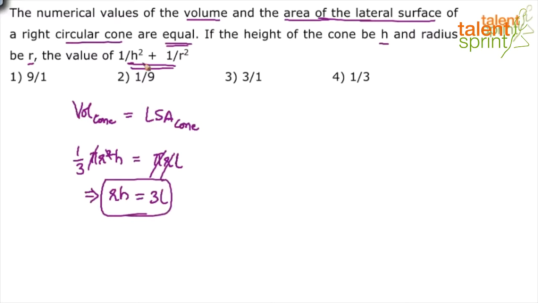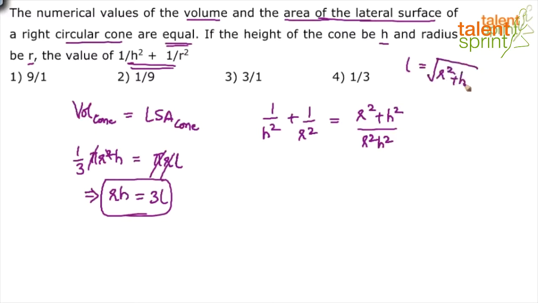Now look at the given expression, 1 by h square plus 1 by r square. Can this be taken as r square plus h square by r square h square? Yes. By the way, what is the formula for the slant length? We all know that slant length L is equal to root over r square plus h square. Yes or no? Look at the numerator.